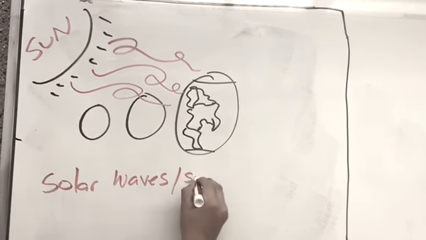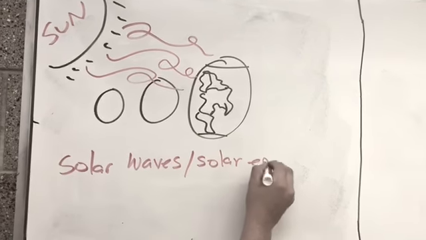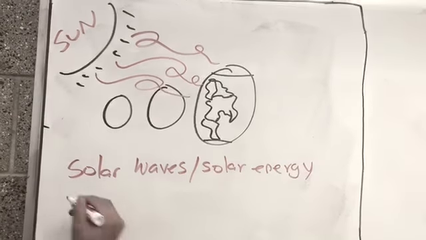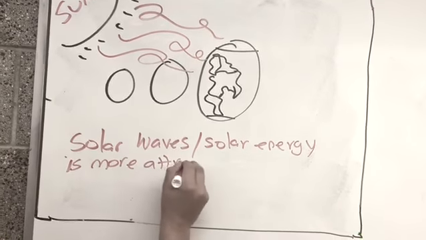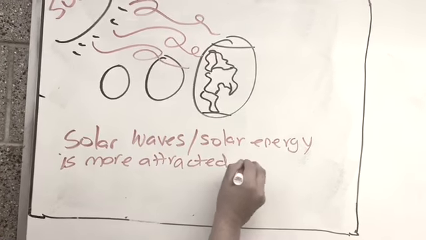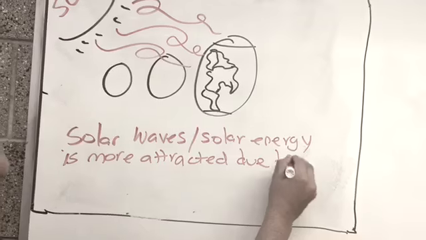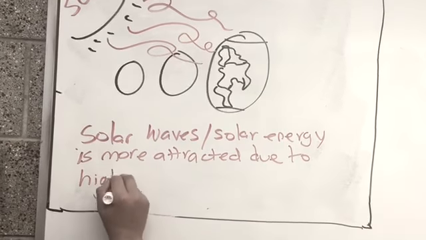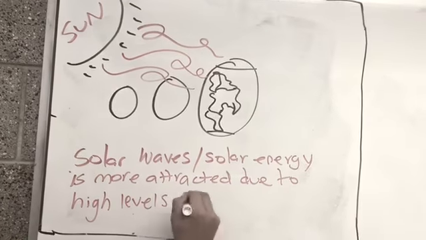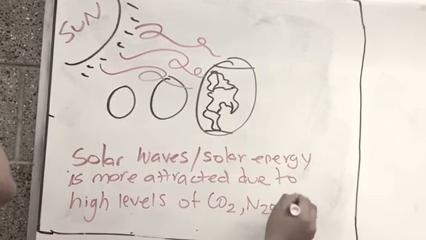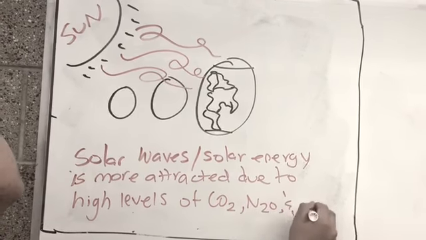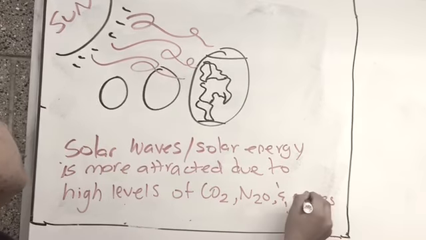And therefore, solar waves, or solar energy, is more attracted due to the high levels of carbon dioxide and N2O. This makes our planet warmer, causing global warming.